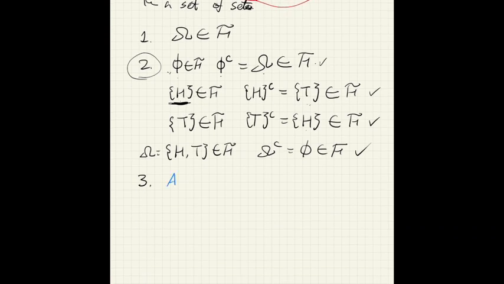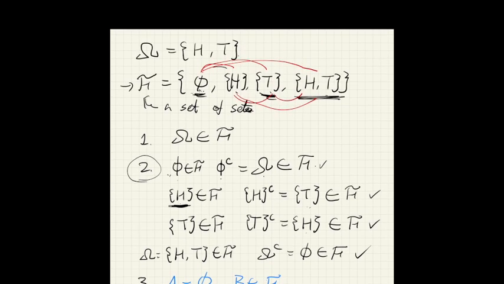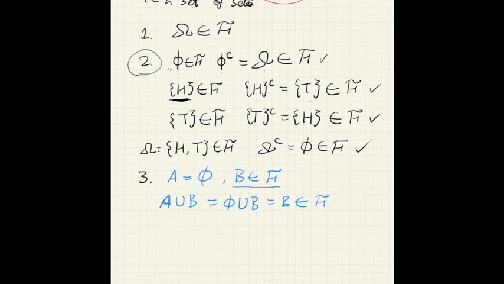For example, let's say A is empty. Then whatever B is, let's say B is anything from F, A union B is empty union B, which is B. Because B is an element of F, this union is an element of F. So all these cases are okay.